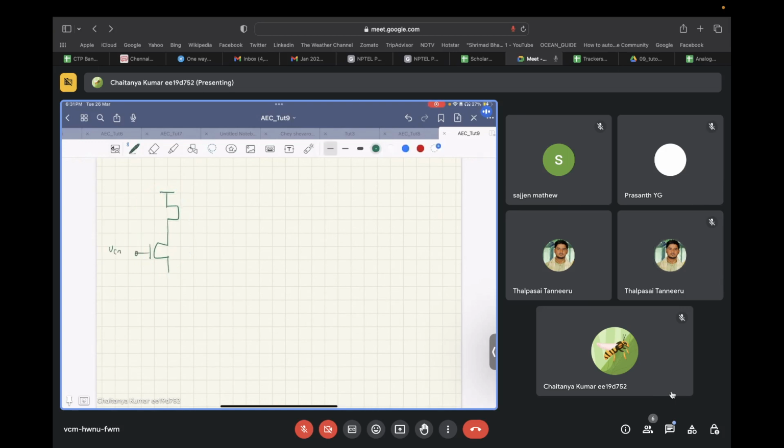So we have VCM plus VD by 2, and we have some VB, some output resistance R naught, and we have V out over here, and VCM minus VD by 2.